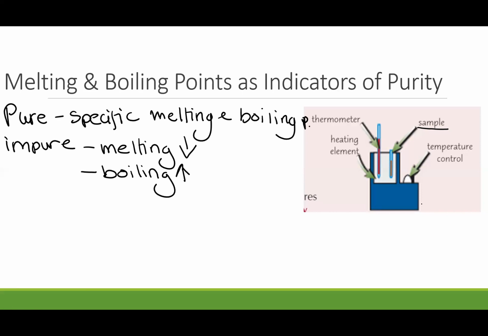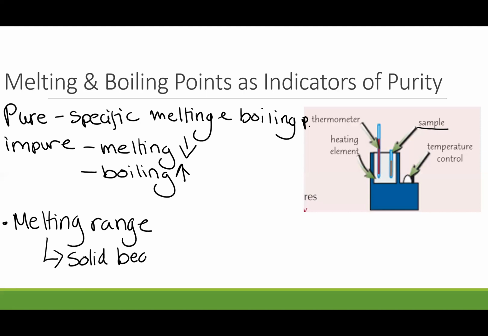And what we can then do is measure a melting range. This word range is really important, which is why we've got a thermometer in there. The melting range is the range of temperatures from when the solid begins to melt to where it has completely melted.